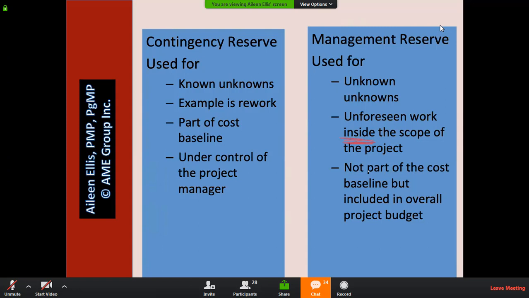Management reserve is not in the project baseline, but included in the overall project budget. So if you're struggling with these ideas of reserves, go specifically to my videos related to determine budget, and I really explain these reserves.